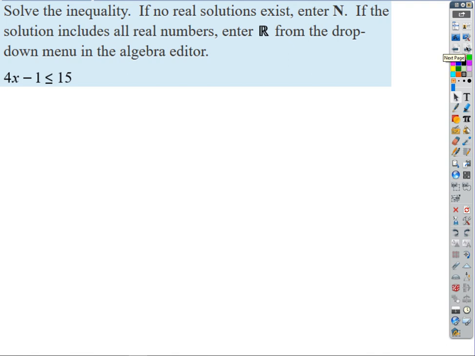Next step, solving inequalities. We've solved equations, now we're solving inequalities. How is it different? Almost the same. It's almost exactly the same. We'll look at a few examples to distinguish. There's a handful of cases, really not very many, where it's different at all from what you've done in the past, which is solving equations.